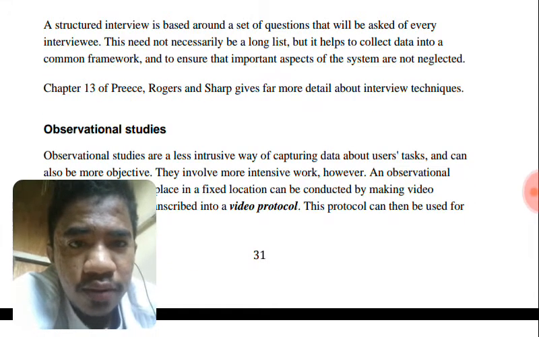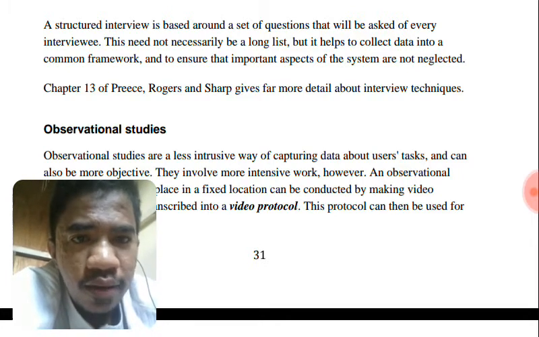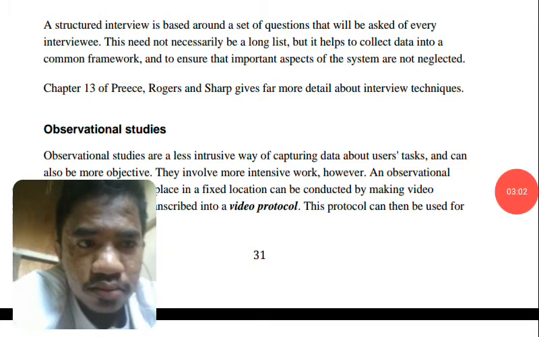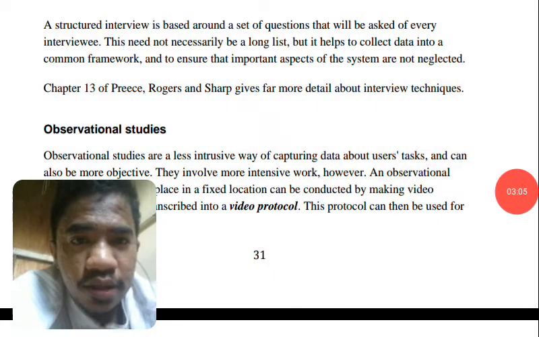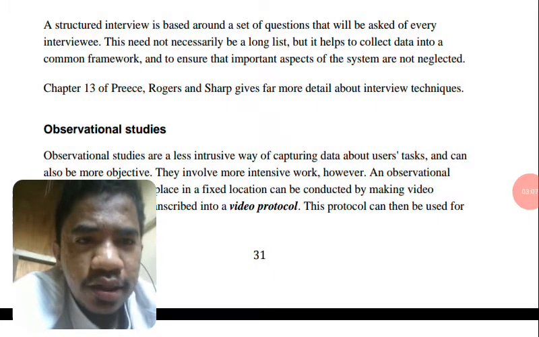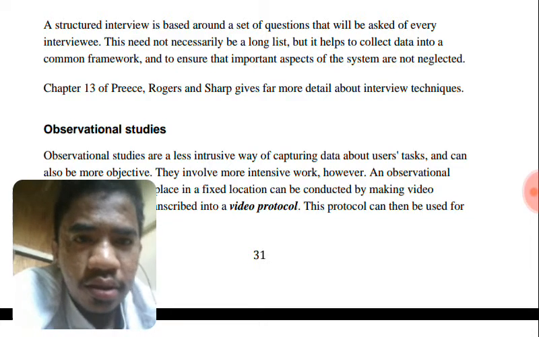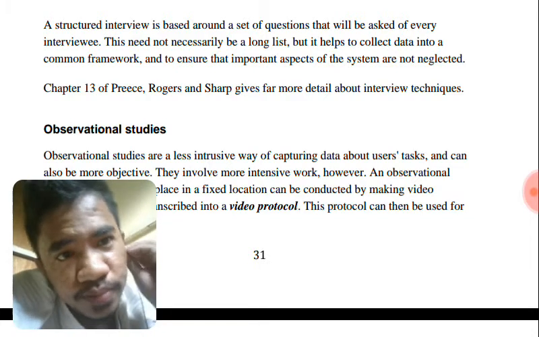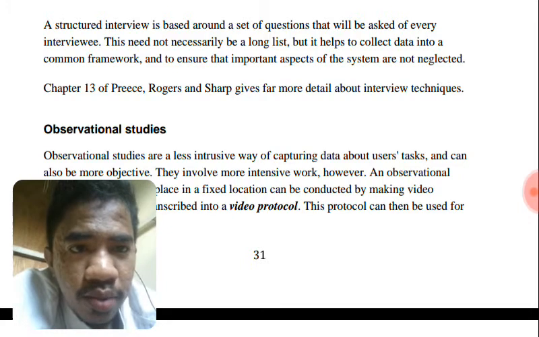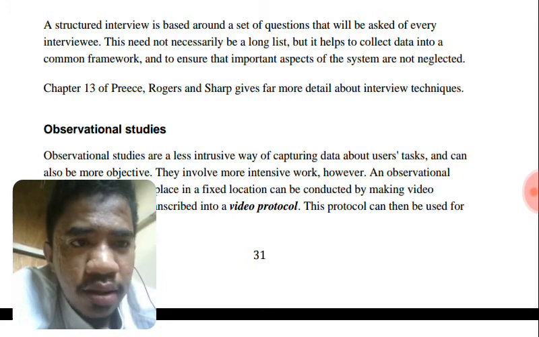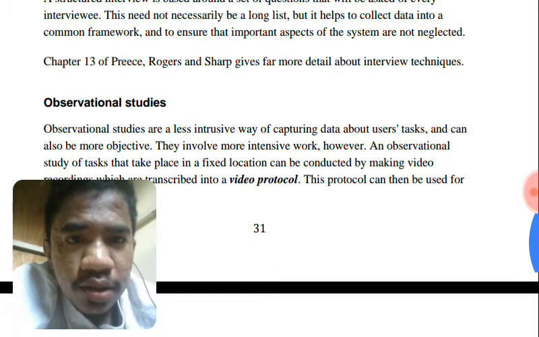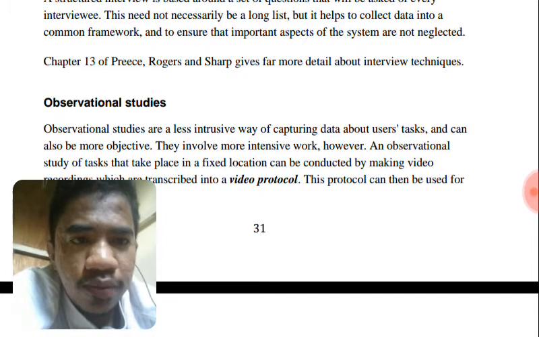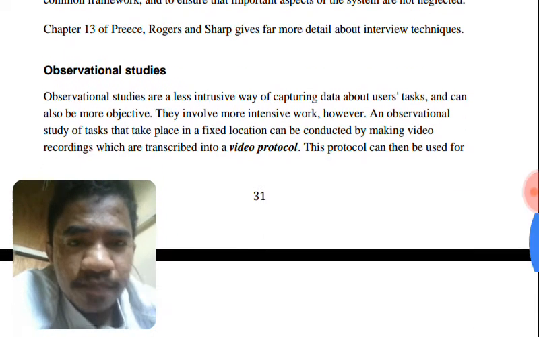A structured interview is based around a set of questions that will be asked of every interviewee. This need not necessarily be a long list, but it helps to collect data into a common framework and to ensure the important aspects of the system are not neglected. Chapter 13 of Preece, Rogers and Sharp gives far more detail about interview technique.